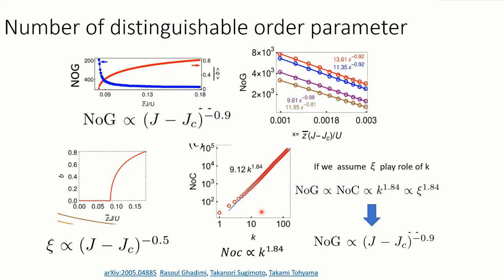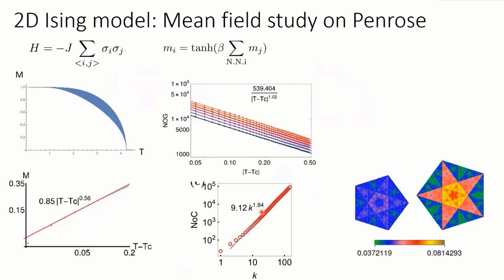I want to see, can I see this conclusion in other models? So I study the Ising model, and I use the mean field equation to see the mean field behavior of the 2D Ising model.